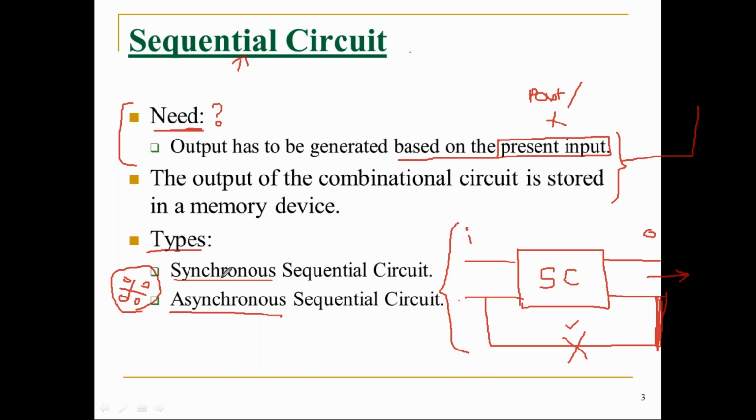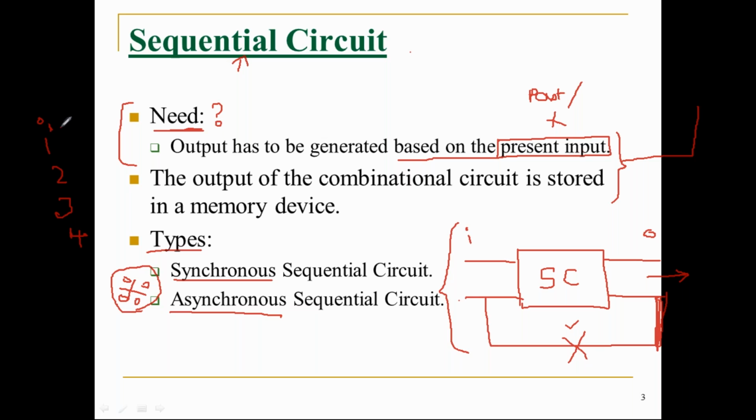Synchronous means simultaneously. Asynchronous means not simultaneously, so one after another. It is a sequential circuit, so the operation is in sequence. That means the first operation is 0, then 1, 2, 3, 4 like this. It follows certain sequences.